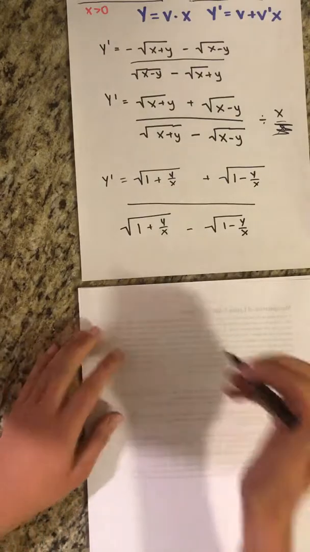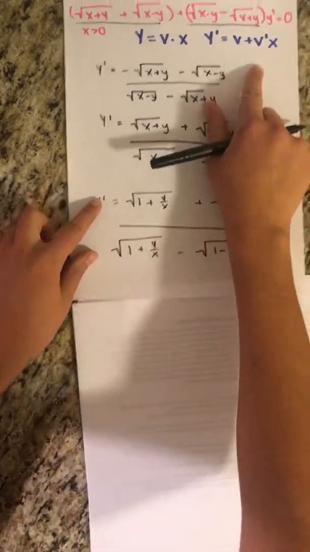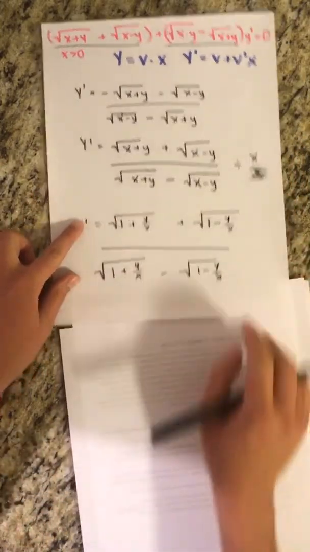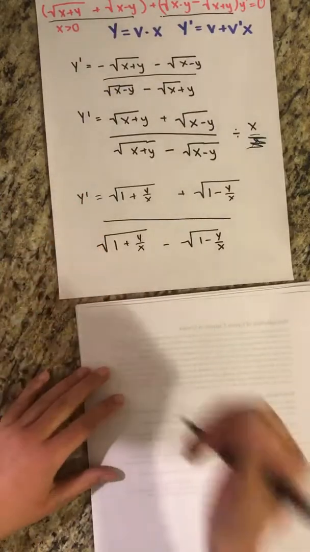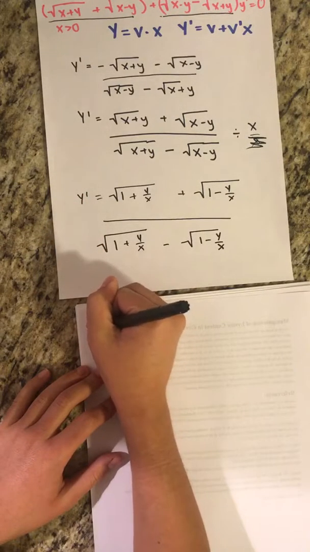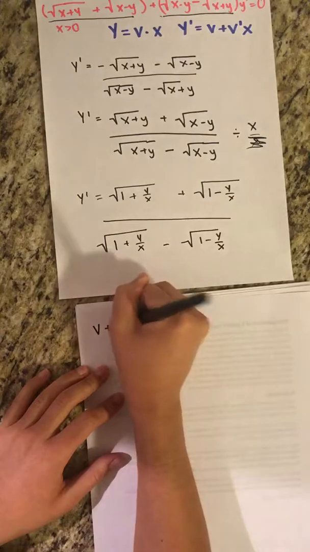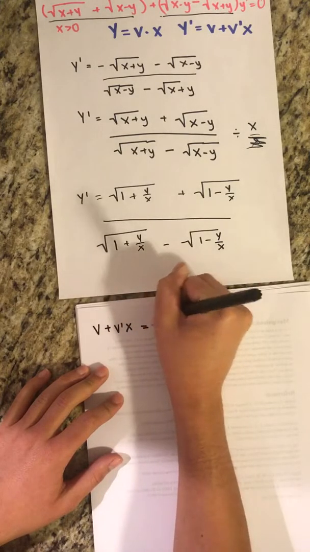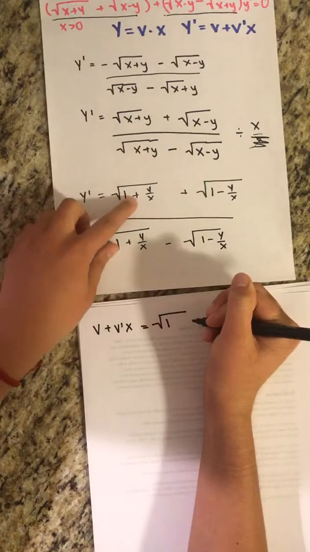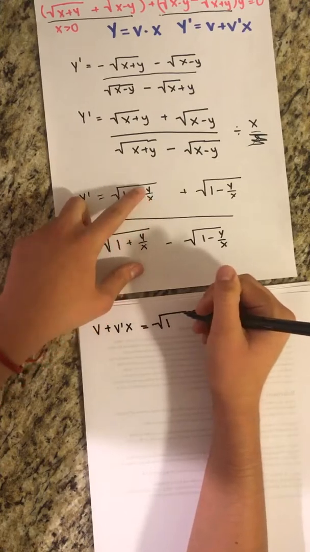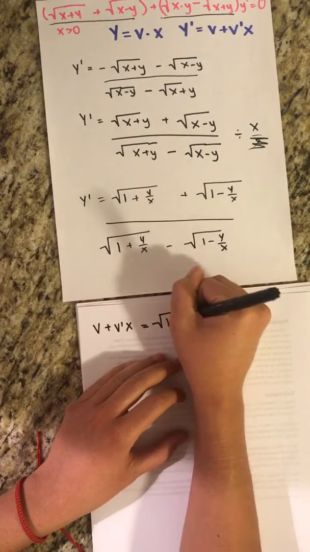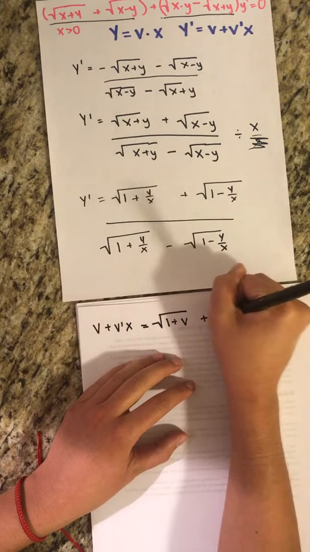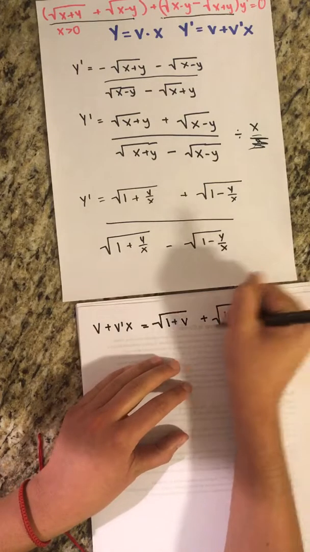So then I'm gonna have y prime equaling this. So instead of y prime, it's v plus v prime x equals 1 plus, and remember y over x equals v, so we can just plug v in.